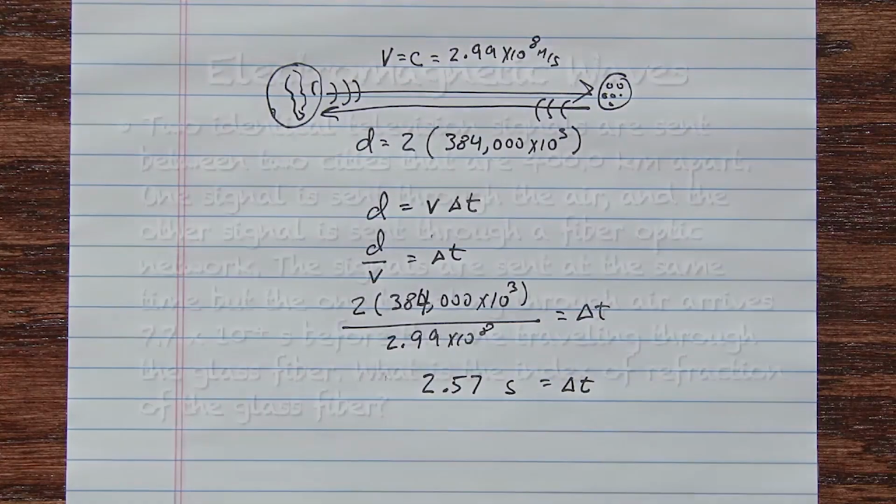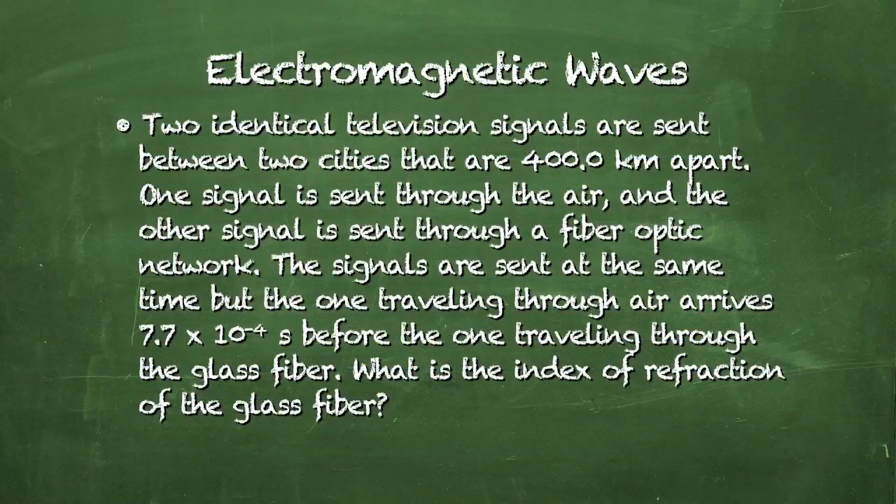One last question. 2 identical television signals are sent between 2 cities that are 400 kilometers apart. One signal is sent through the air, and the other signal is sent through a fiber optic network. The signals are sent at the same time, but the one traveling through air arrives 7.7 times 10 to the minus 4 seconds before the one traveling through the glass fiber.